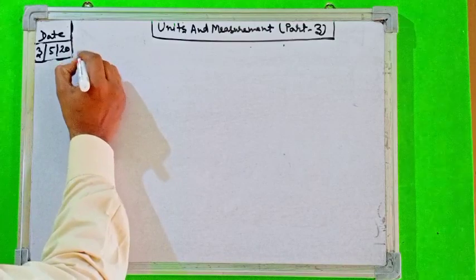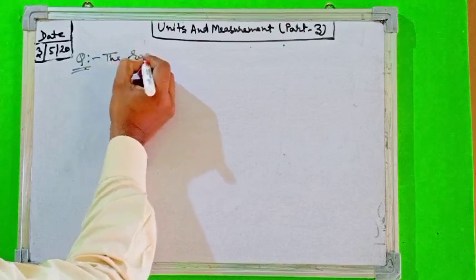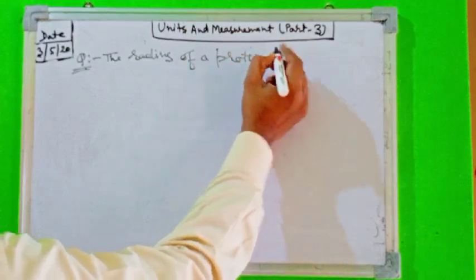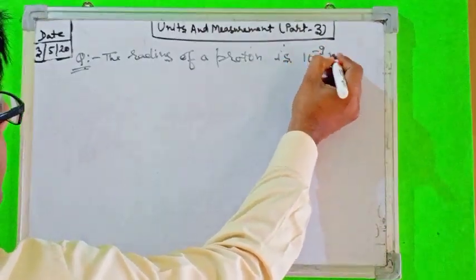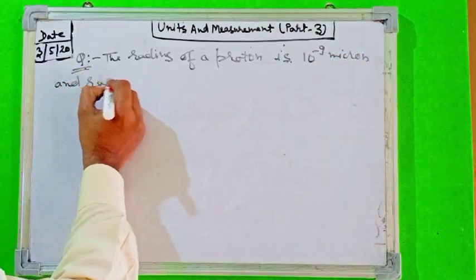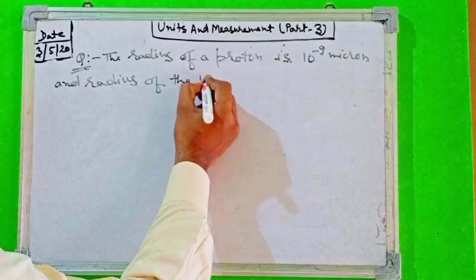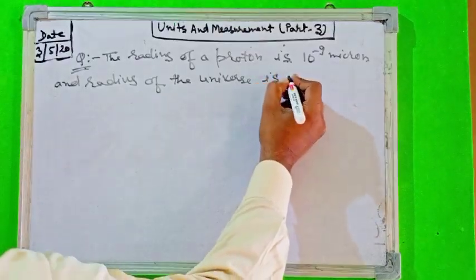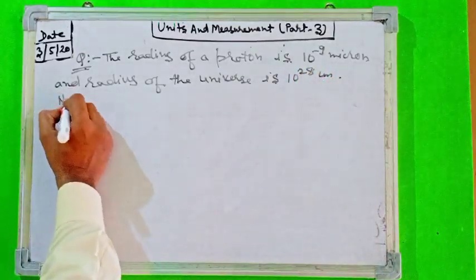Question: the radius of a proton is 10 to the power minus 9 micron, and the radius of the universe is 10 to the power 28 centimeter. Name the physical object.